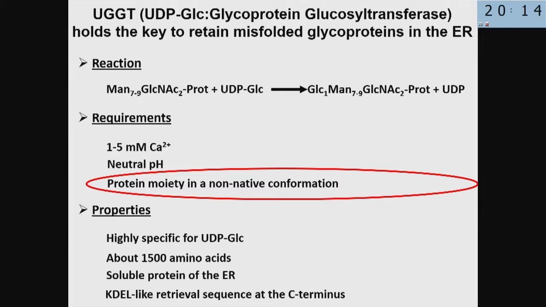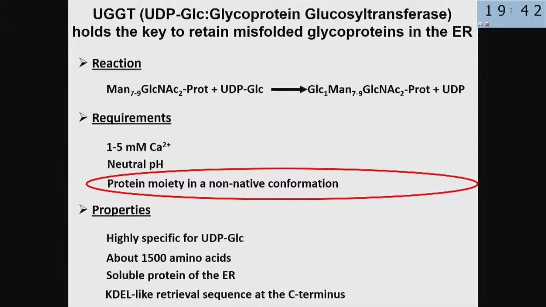This is called the UGGT, for UDP-glucose glycoprotein glucosyltransferase, that behaves as a sensor of protein conformation. The reaction catalyzed by this enzyme is, once the 3 glucoses have been removed by glucosidase in the lumen, this enzyme adds a single glucose to reconstitute the glucose 1 mannose 9 N-acetylglucosamine 2 protein.